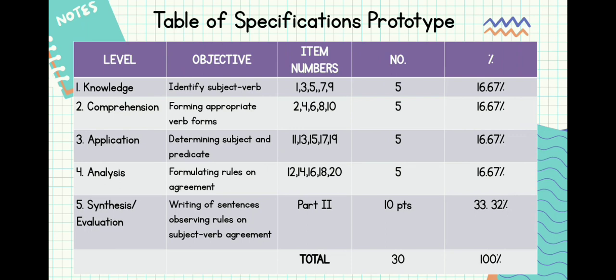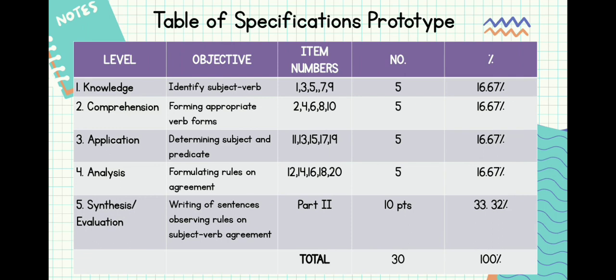In the table of specifications, we see that there are 5 items that deal with knowledge, and these are items 1, 3, 5, 7, and 9. Similarly, from the same table, we see that 5 items represent synthesis, namely 12, 14, 16, 18, and 20.